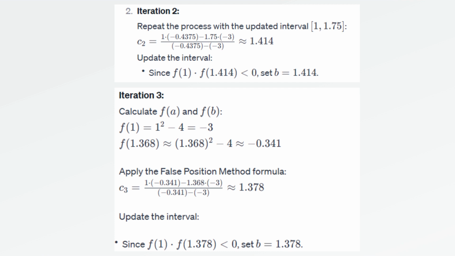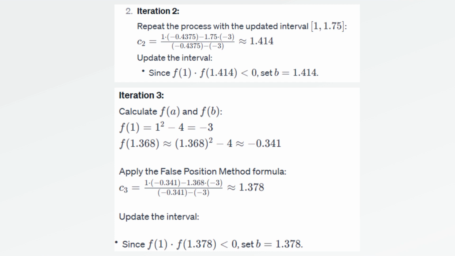Evaluating f(c3), we find that f(1) × f(c3) is less than 0 once again, indicating opposite signs. So we update our interval to [1, 1.378] for further refinement in subsequent iterations. So our a is now 1 and our b is 1.378.